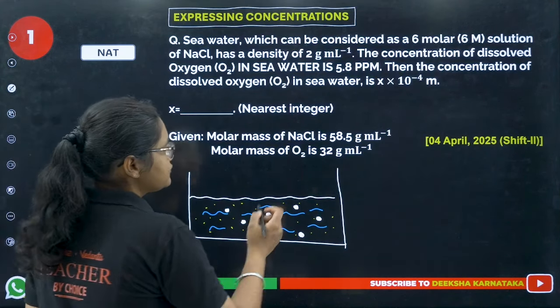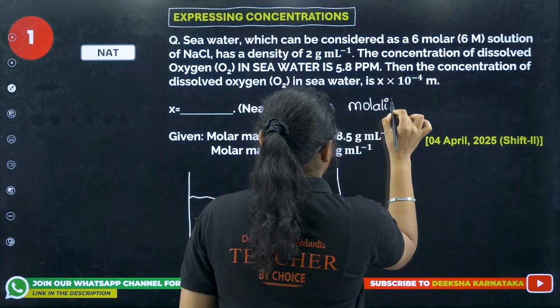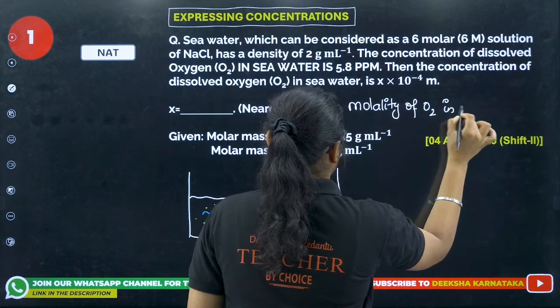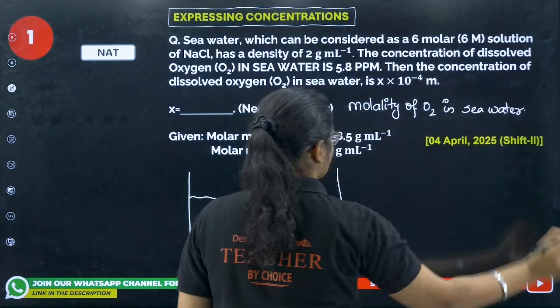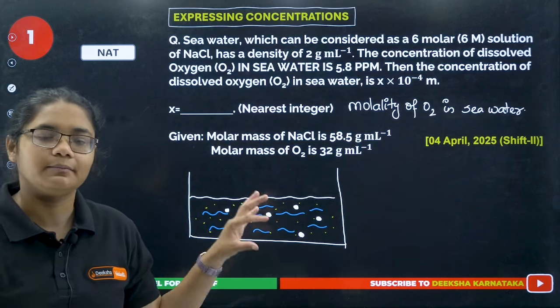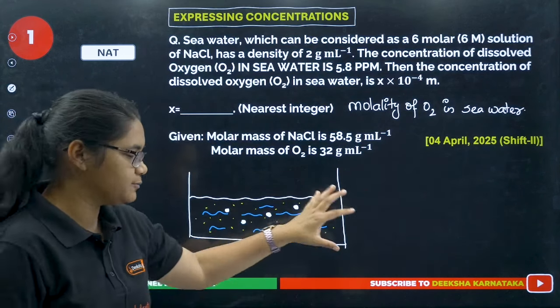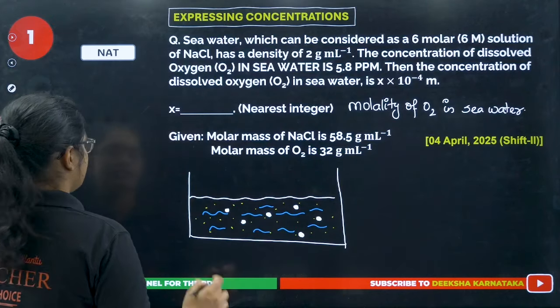The question is to find out the molality of oxygen in sea water. Okay, that is the basic question being asked here. So we know the formula of molality, so let's first put down the formula of molality. What is the formula of molality here?